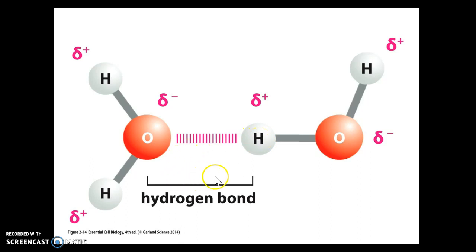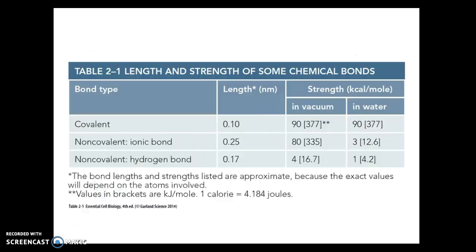So a hydrogen bond is an intermolecular bond, whereas covalent and ionic bonds are intramolecular. So we'll have an intermolecular bond between 2 water molecules, and this sets up many properties that are important for life. We'll talk about that in further videos.